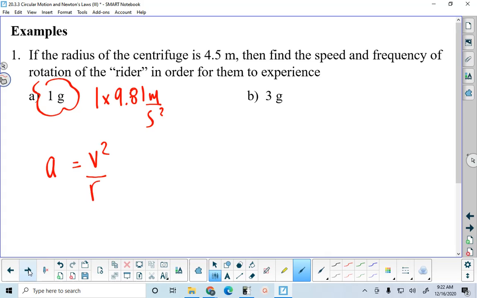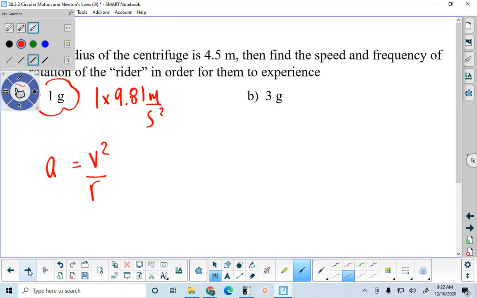We can use our formula for centripetal acceleration to calculate the speed. We'll do the frequency too. I think the frequency is less meaningful, but we can put in 9.81. This is going to equal v squared over 4.5 meters.